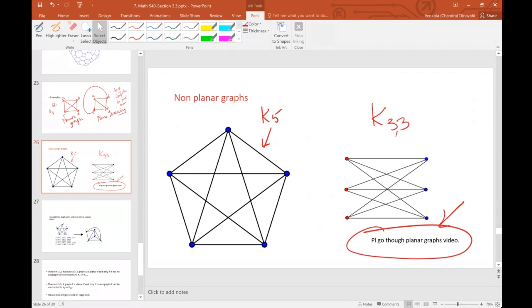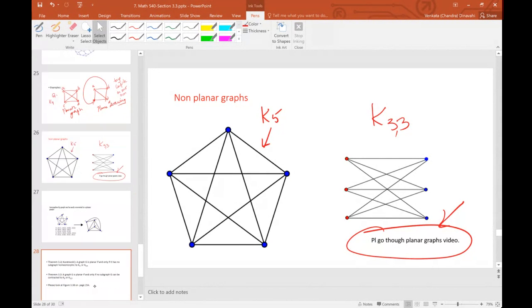Similarly, if you take K3,3 and add a bunch more vertices and edges, as long as you don't mess this up, the resultant graph which has K3,3 inside is also not planar. But other than that, if the graph doesn't have K5 or K3,3 lying inside, that is a planar graph. It doesn't matter. It can have 1000 vertices and 3000 edges. Still, you can sketch the graph so that no two edges cross each other. That is a wonderful result.